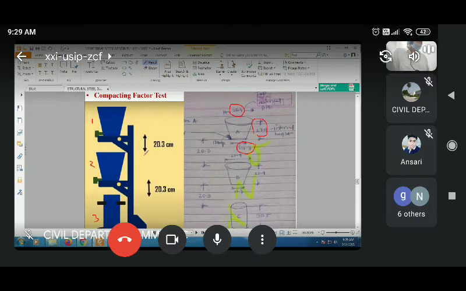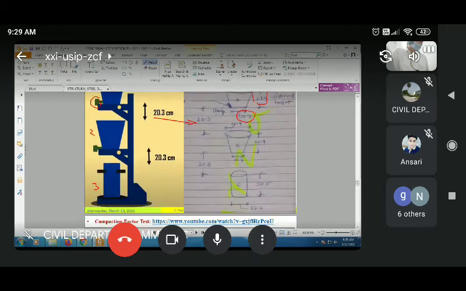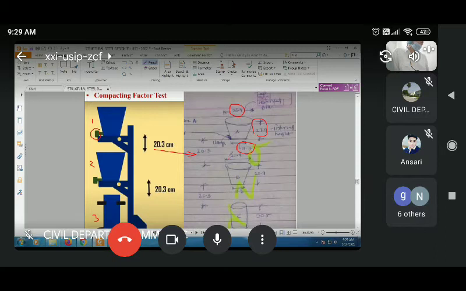The distance between the upper hopper and the second hopper is 20.3 centimeter, and there is a door. This is the knob for operating the door. When we open the door, the concrete will free fall to the second hopper.